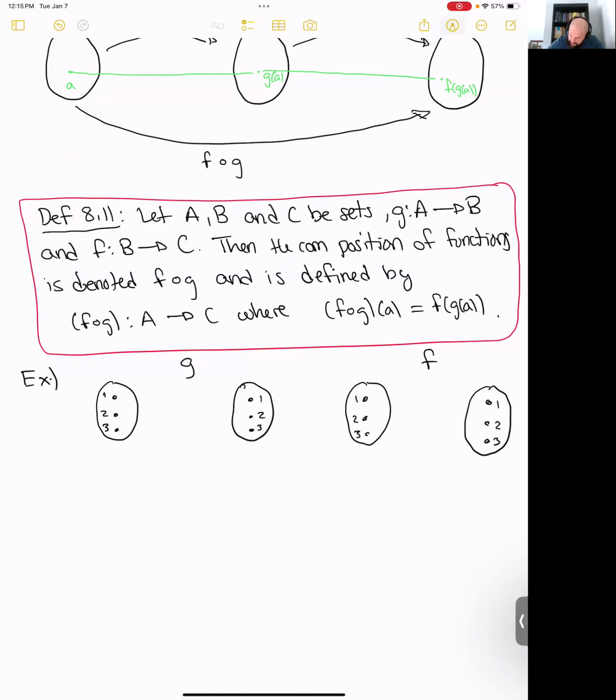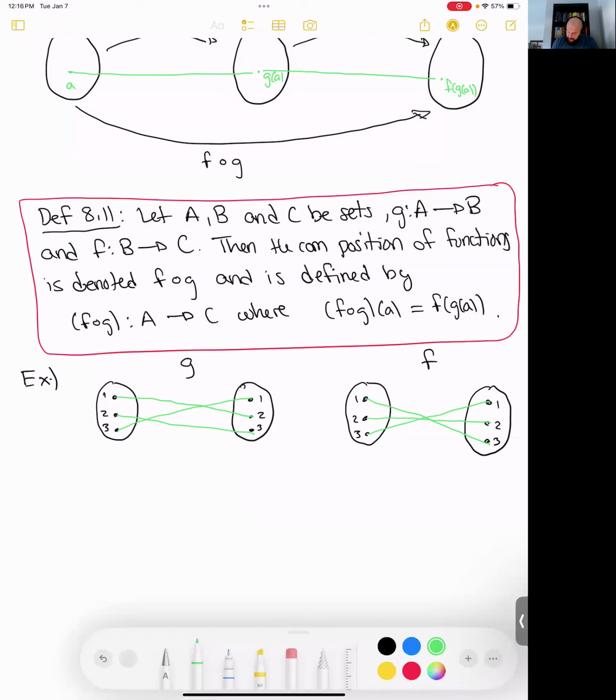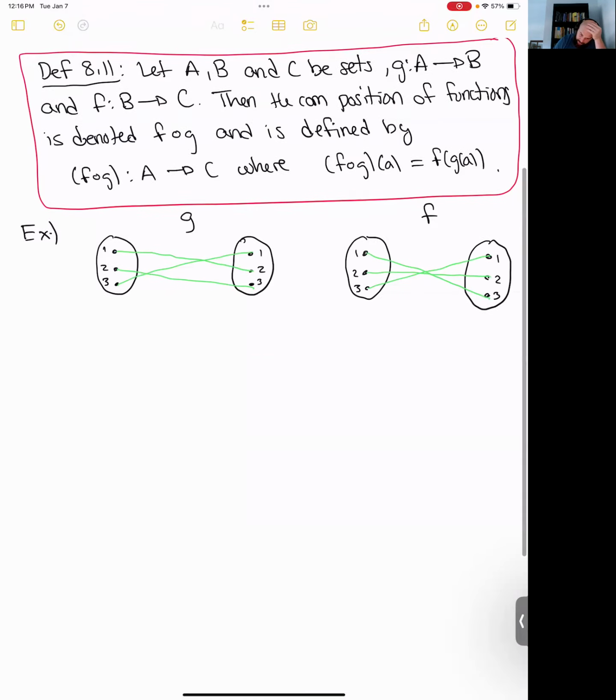And let's assume that g sends 1 to 2, and 2 to 3, and 3 to 1, and f sends 1 to 3, 3 to 1, and 2 to 2. So notice that both f and g in this case are bijections. They're 1 to 1 and onto. And now we just want to play around and figure out what their compositions are. And since there's two functions, we can compose in two different orders, so we'll do both.